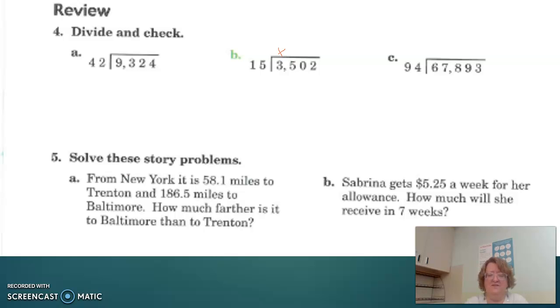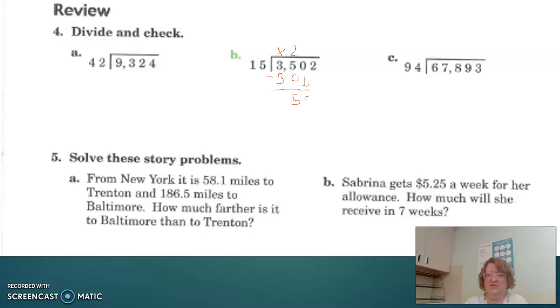Yes, so how many 15s would it take to go into 35? 2, and we just did 15 plus 15, which would be the same as 15 times 2, so we get 30. 30 is less than 15. What is 5 take away 0? 5. Is 5 less than 15? So we bring down the 0.